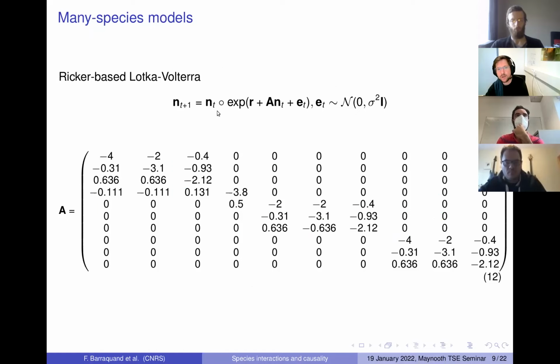Now we've decided to step this up, and we've also done 10 by 10 interaction models, where we have here a Lotka-Volterra system where the interaction matrix is for 10 species, and to be able to evaluate both false negatives and false positives at the same time, the matrix is modular. So you have 3 modules here. The third module is independent from the rest, and the 2 modules are connected by 1 species.